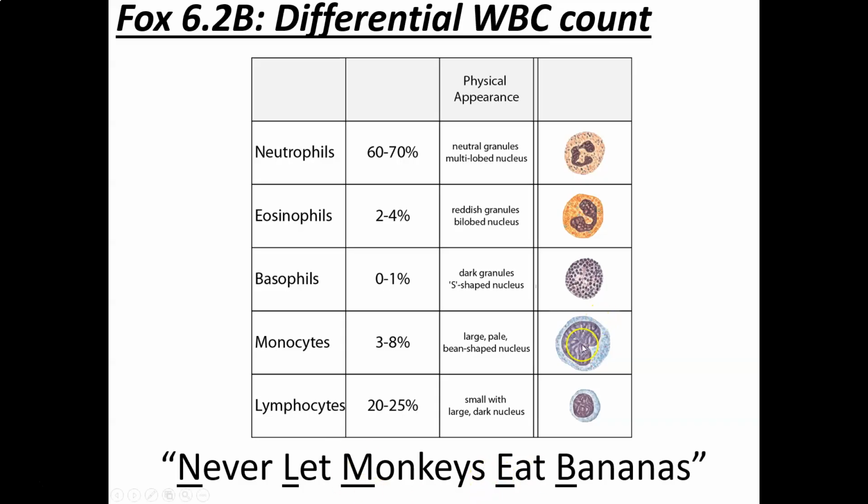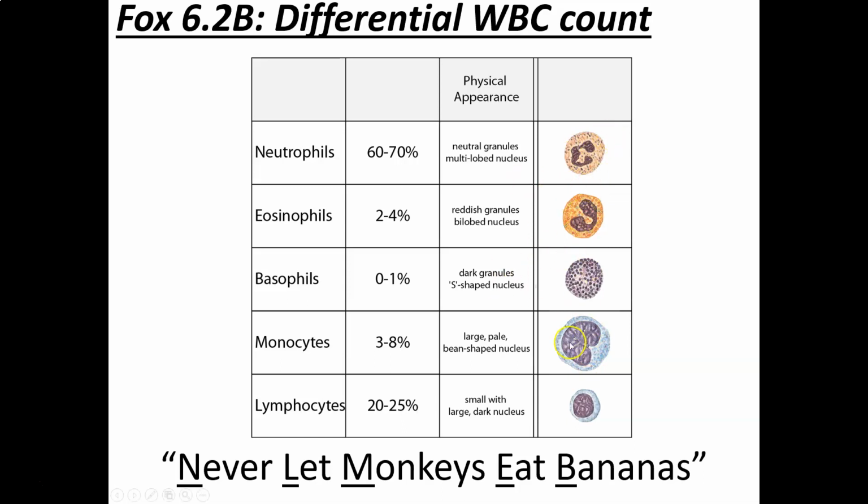So basically what we had to do for the differential white cell count is make a slide, stain it, and then count as many cells as we could and identify each one of those. In a theoretical sense, if you could identify 100 cells, then each one of the cells you found would represent 1%.